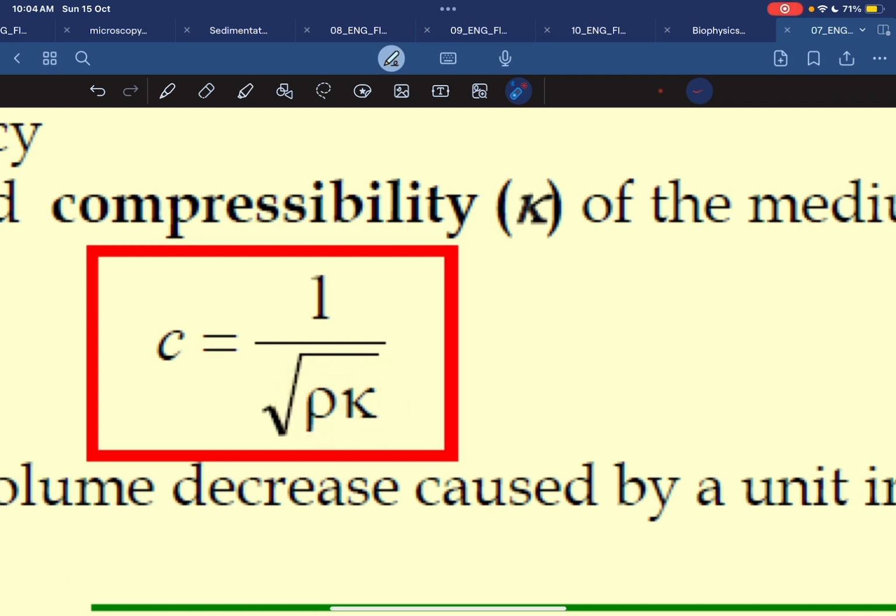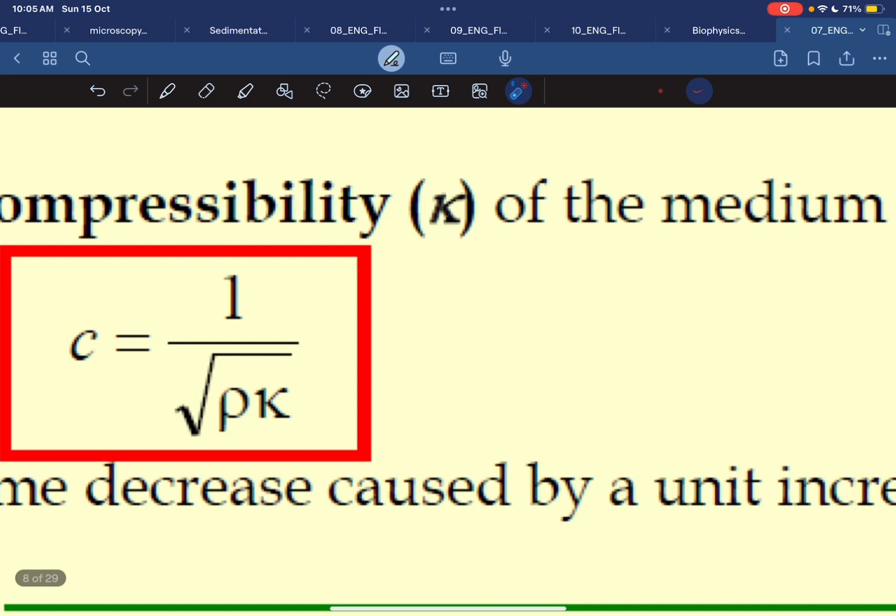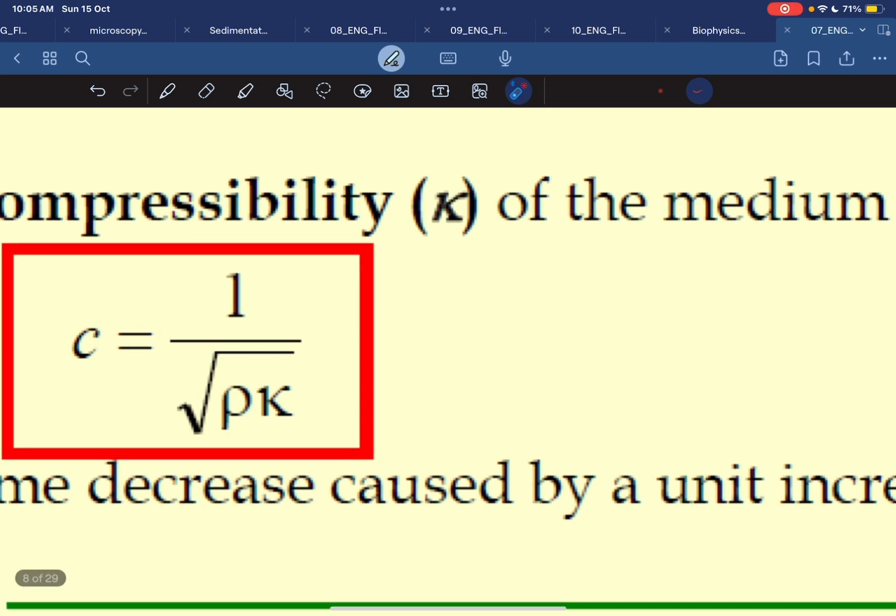Okay, now let's say our density, we want it to be ideally low. But if our density is low, let's say like that, our compressibility increases a lot. We can press this a lot because of the space they have in between them.